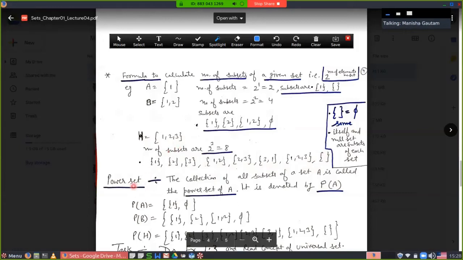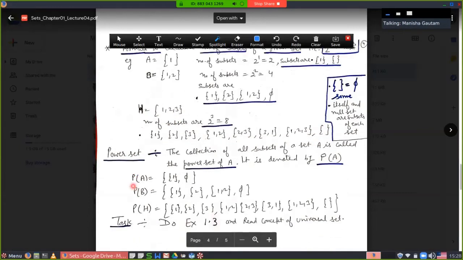Now the next topic is power set. The collection of all subsets of a set A is called the power set of A. It means if I put all these subsets in a curly bracket, then you will get a new set, and that new set is known as the power set. It means in a power set, elements are in the form of sets.